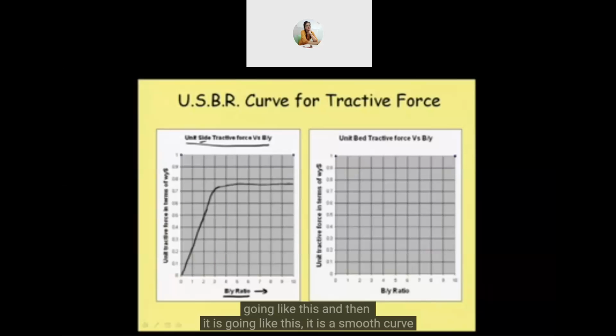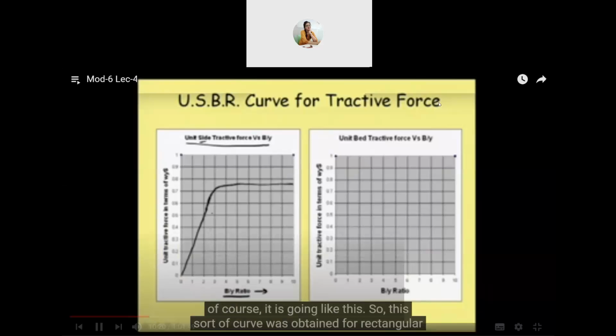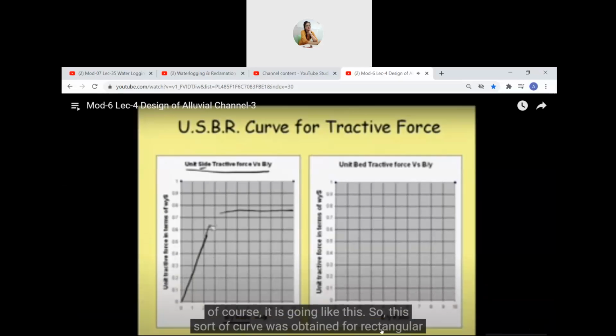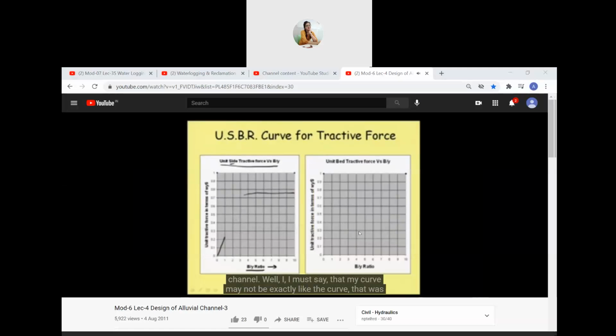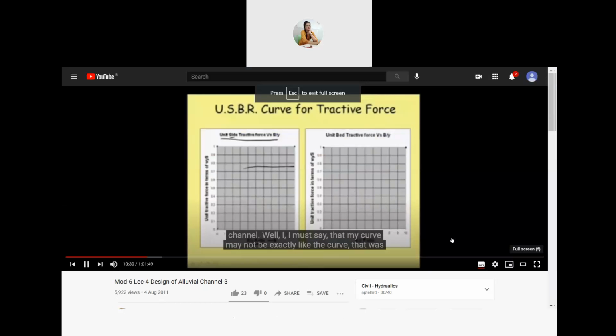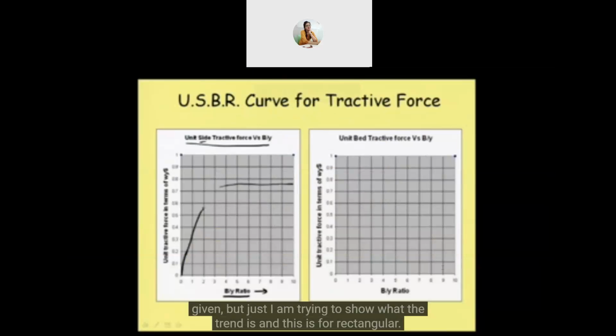It is a smooth curve, of course. So this sort of curve was obtained for rectangular channel. Well, I must say that my curve may not be exactly like the curve that was given, but I am just trying to show what the trend is.